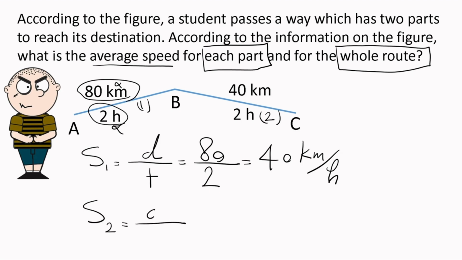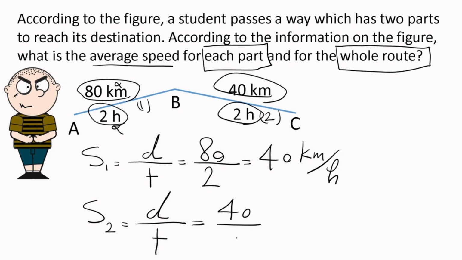I'm going to use the same formula again. Do I have D for the second part? Yes, 40. Do I have T? Yes, 2. And this is going to be 20. And because this D is based on kilometer and T is based on hour, the unit will be kilometer per hour.